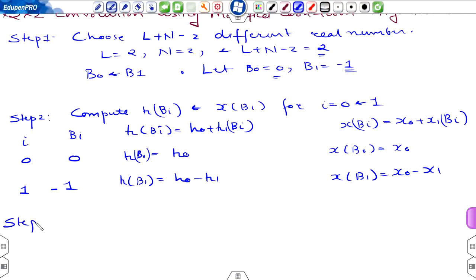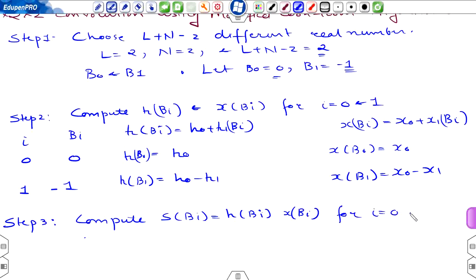So in step 3 you have to compute s of beta i, that is equal to h of beta i into x of beta i for i equal to 0 and 1.